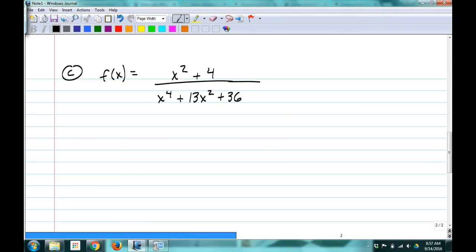We want to find the domain of that. So if we're going to find the domain of that, what do we have to do? Set the denominator equal to 0, right? Solve it. Okay, so that's what we're doing.